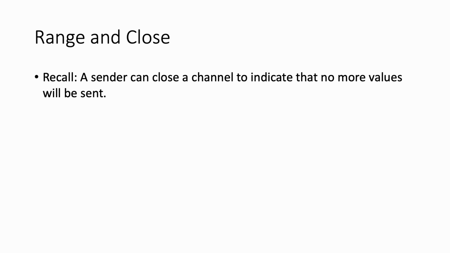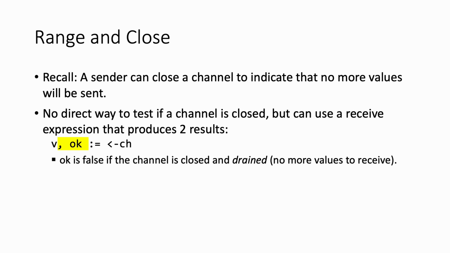We have seen a practical example that uses both the send and receive operations on channels. Now let's discuss more on the close operation of channels. Recall that a sender can close a channel to indicate that no more values will be sent. There's no direct way to test if a channel is closed, but you can use a receive expression that produces two results.